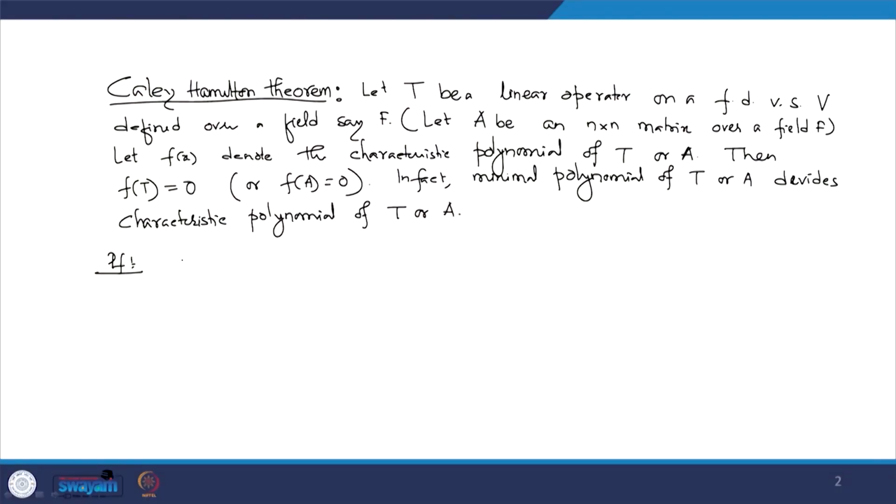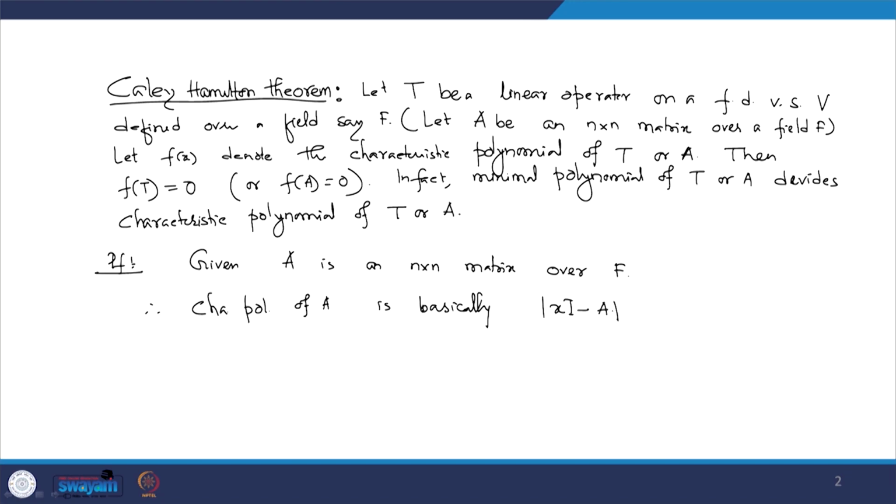Okay. So, given A is an n cross n matrix over the field capital F. According to the definition of the characteristic polynomial, the characteristic polynomial of A is basically the determinant of xI minus A, or one can also write (minus 1) to the power n times the determinant of A minus xI.